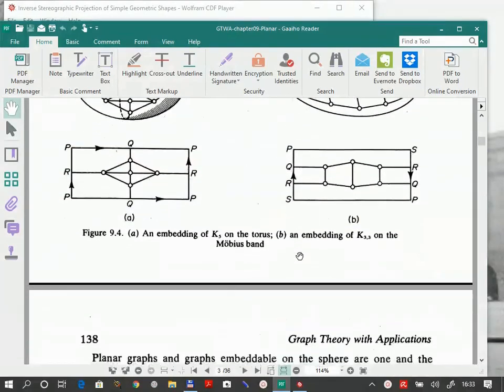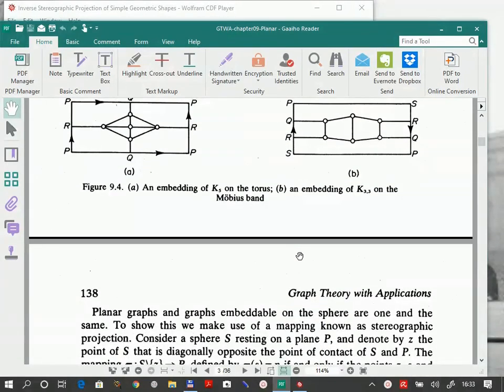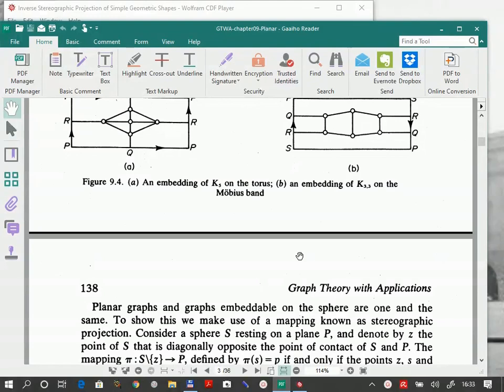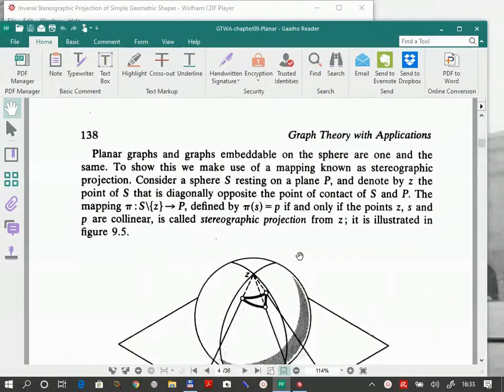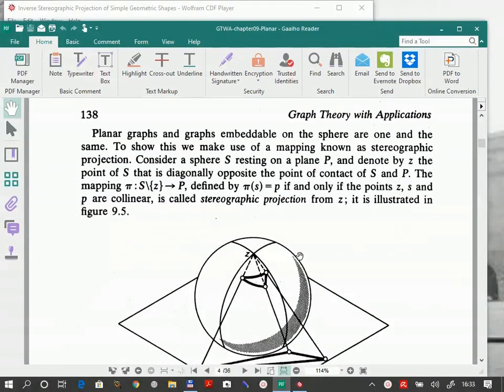Okay? So graphs which are not embeddable in the plane can be embedded in more complicated surfaces. For a graph to be embeddable into the plane or on the sphere is the same thing.